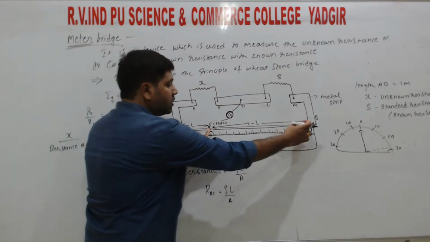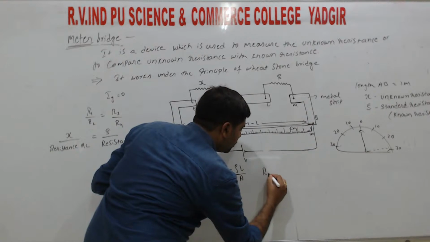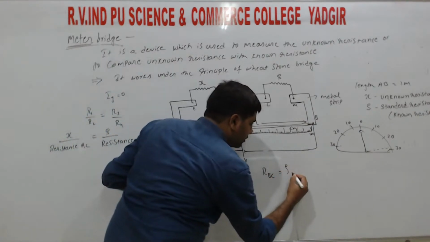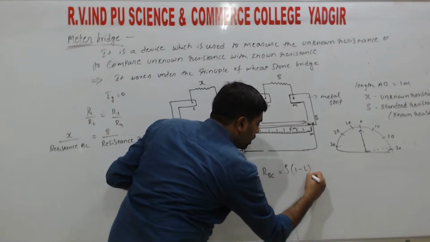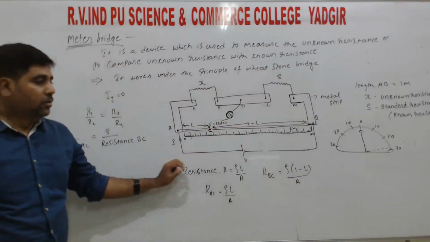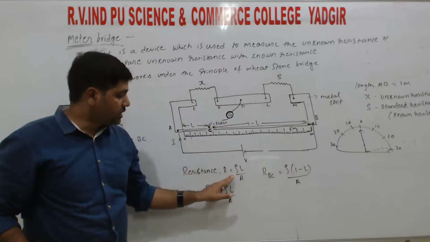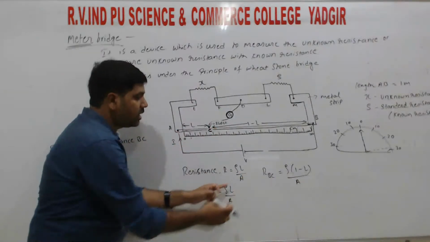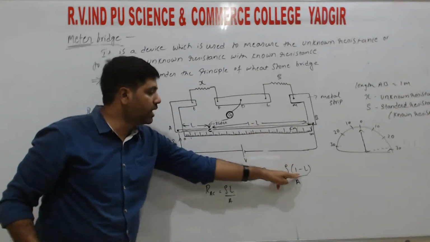In the same way, the resistance RBC equals, resistivity is same but length is 1 minus L divided by A, right? So this is from the formula resistance R equals rho L by A. So here we taken length as L and here we taken length as 1 minus L.